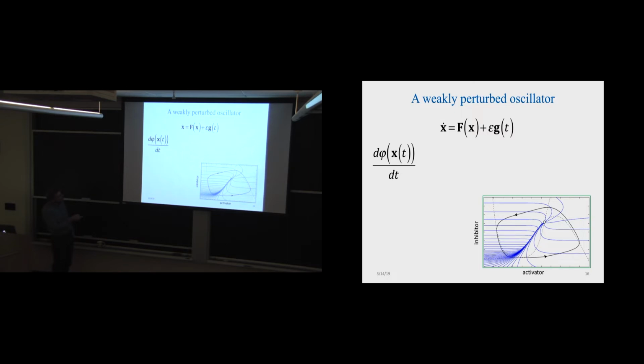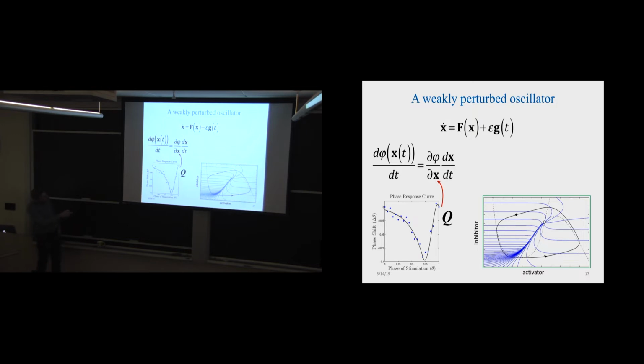And so we use the chain rule to break it into the phase response curve, the change in phase with added a little bit of perturbation. That's this thing we measured in the previous slide with the light applied to the individual oscillators. And then dx/dt is the dynamics of x, the chemical concentrations. That's the dynamics given by this equation.